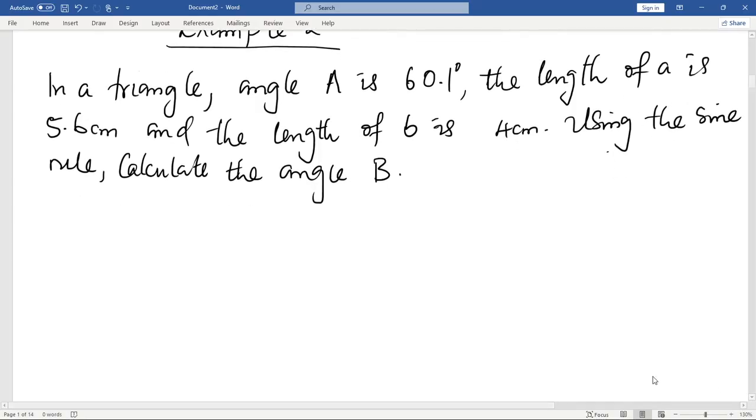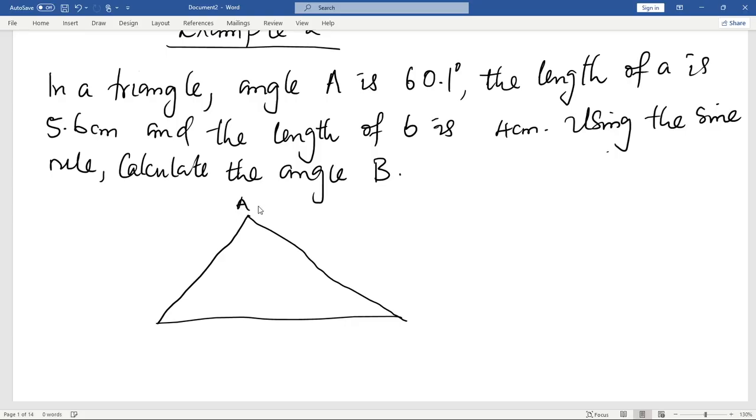So suppose we have a triangle like this. Don't mind the triangle. So let's say this is our A here, and this is B here, and we have C this side here.